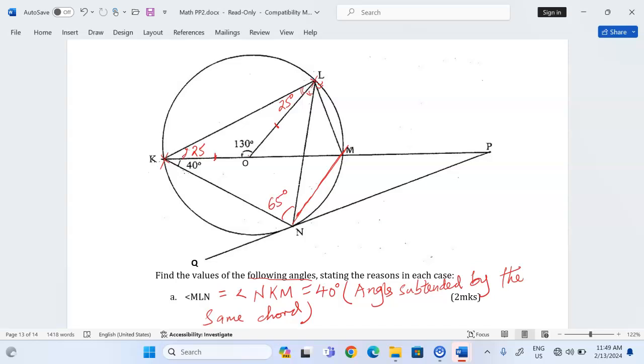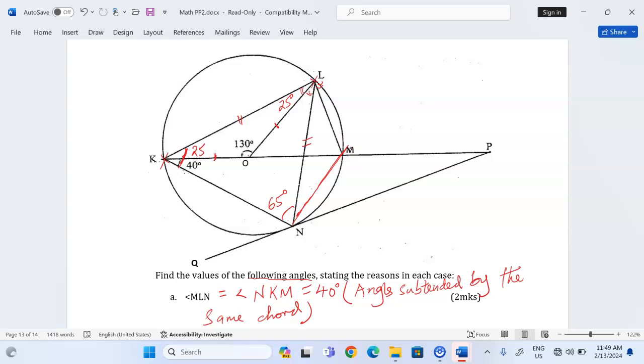Now that we have 65 degrees at that point, and considering triangle KNL, this angle is also 65, then we can make two conclusions, and that is the length KL must be equivalent to LN, because these are equal angles, 65 and 65. Then we can get the value of this angle such that from 180, we use my calculator so that I may be very accurate.